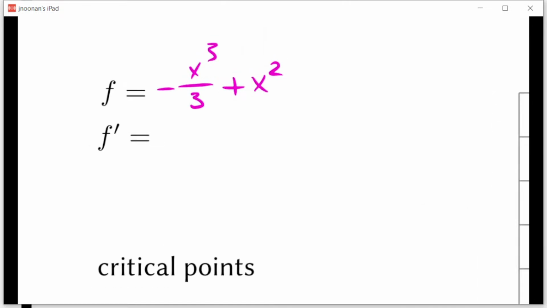What's the derivative of x cubed? Excellent. And then what's the derivative of x squared? So the first one just stays over 3. You could use the quotient rule if you wanted to, but it would be silly. Just do it, because the 3 is a constant.